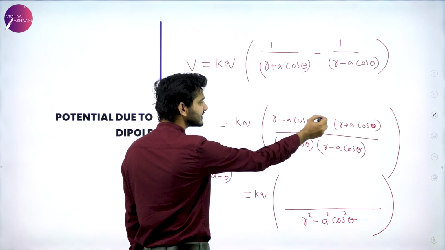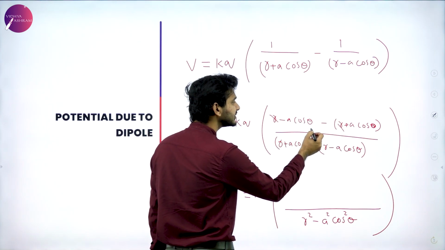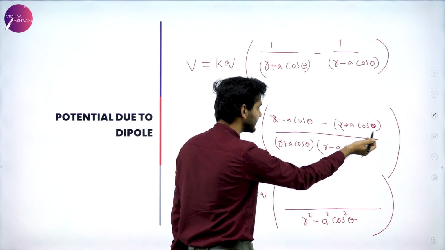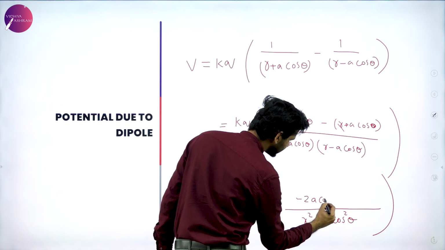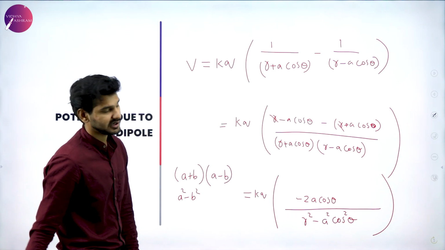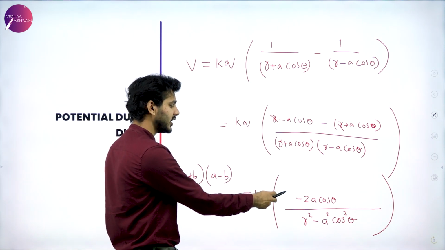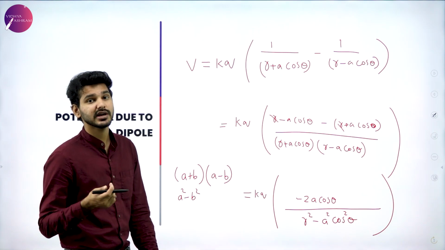Minus R and plus R will cancel each other out, and we can write minus A cos theta minus A cos theta, so minus 2A cos theta. And this will be the final equation: KQ into 2A cos theta by R square minus A square cos square theta.